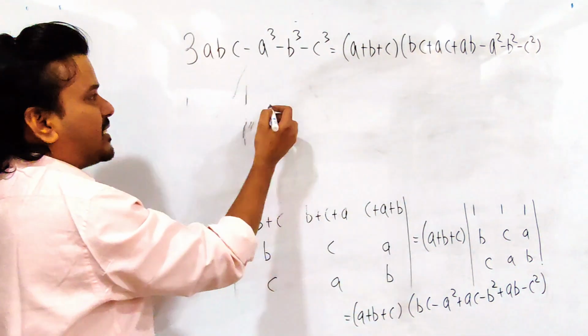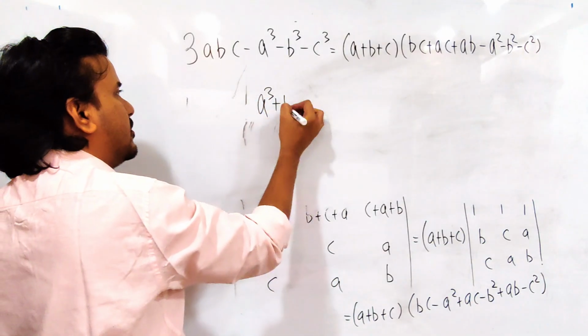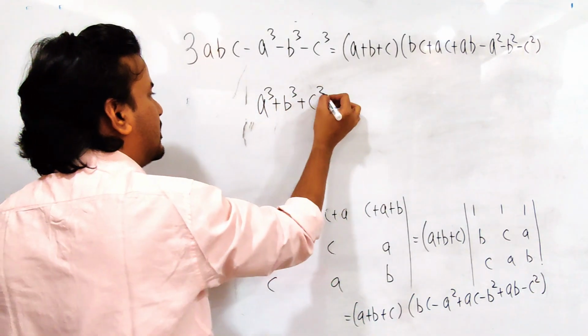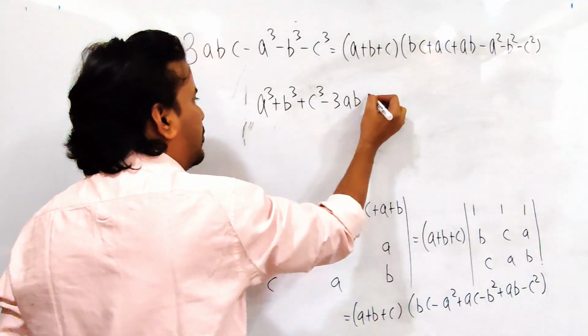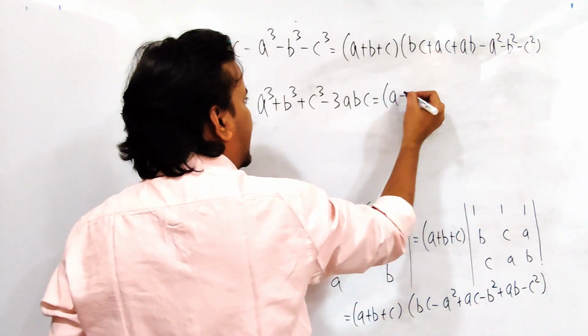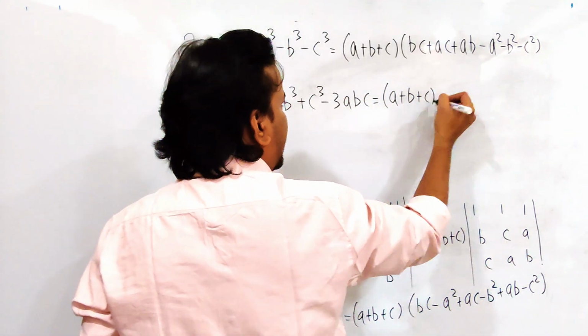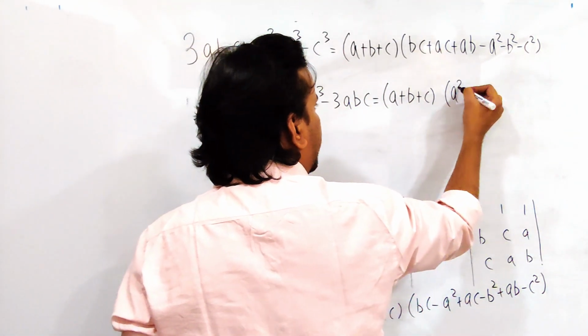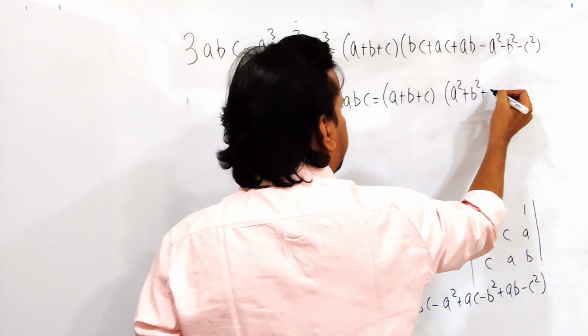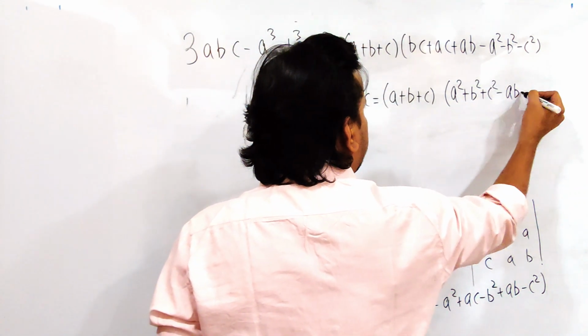So multiply by a minus sign here and it will give you A cube plus B cube plus C cube minus 3ABC as A plus B plus C, and there will be a minus sign in this bracket, so this will be A square plus B square plus C square minus AB minus BC minus CA.